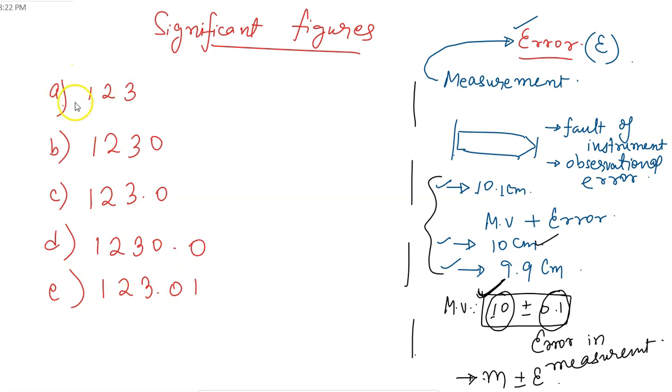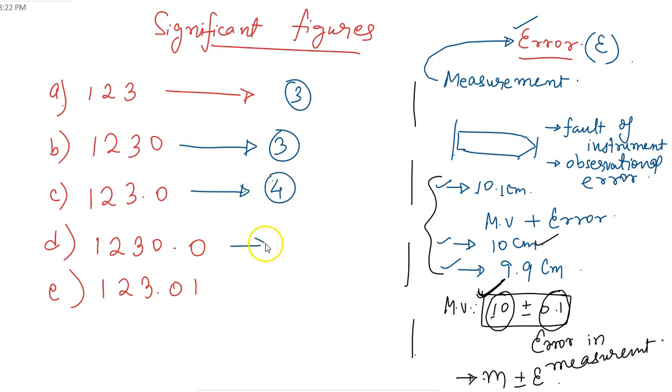If you observe part A, I will say the number of significant figures is 3. In part B, the number of significant figures is also 3. In part C, it is 4. In part D, the number of significant figures is 5, and in part E it is also 5.